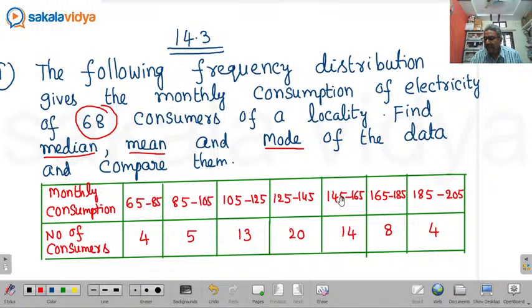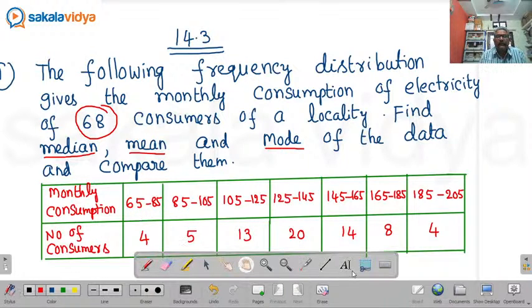First check the class intervals. They are continuous class intervals, there is no break. The size of the class interval is 85 minus 65, which is 20. First let us find out the median. How to find out the median?